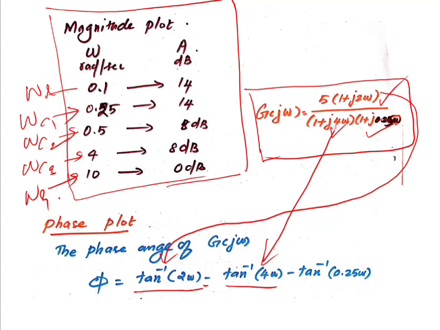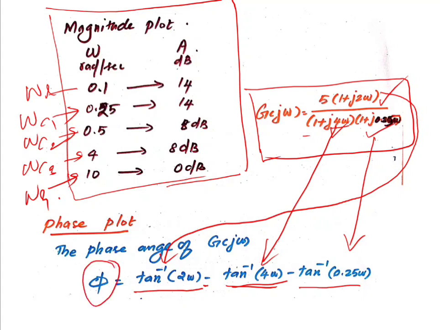The imaginary part is 4 omega and the real part is 1. So minus tan inverse of 4 omega. The third term is 1 plus j 0.25 omega. For this, minus tan inverse of 0.25 omega. So this is the phase angle. We have to find the phase angle for the different set of frequencies.